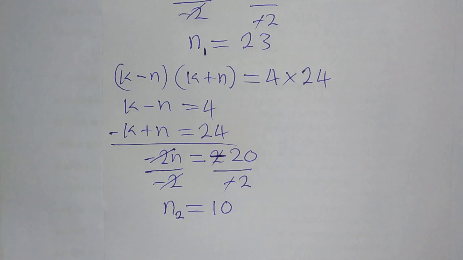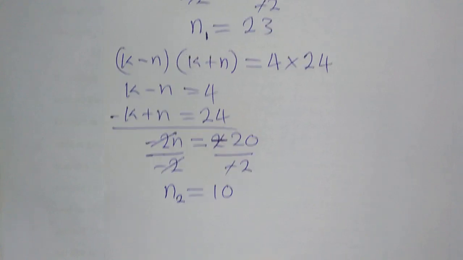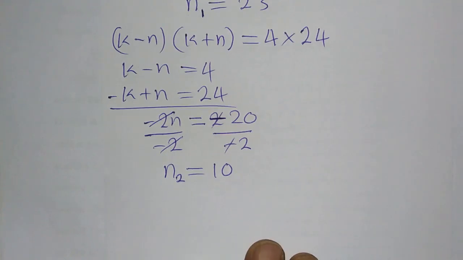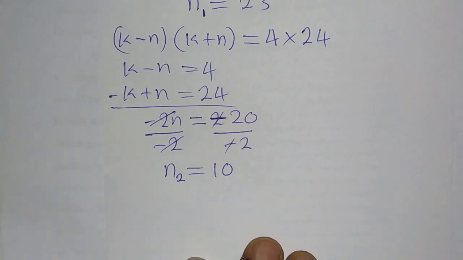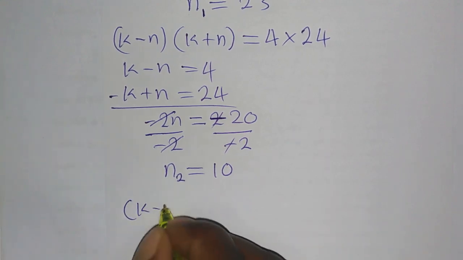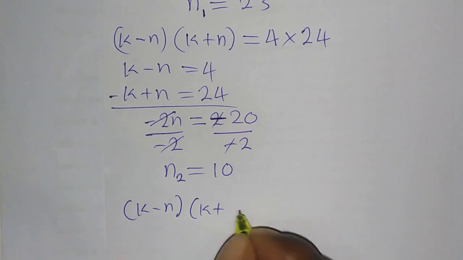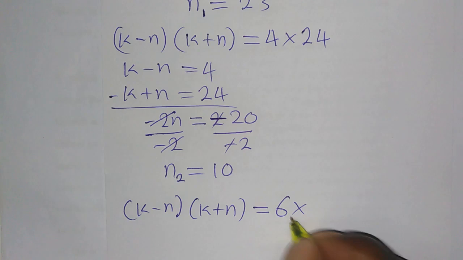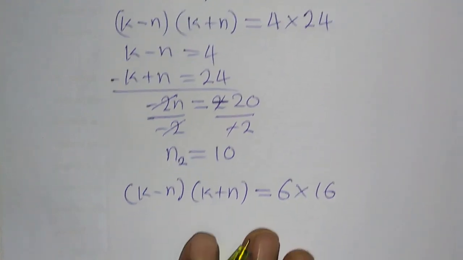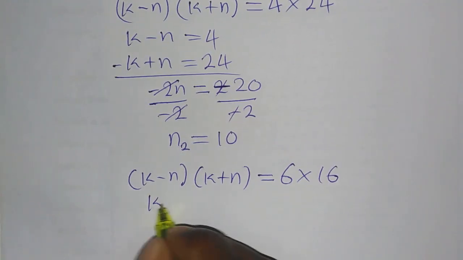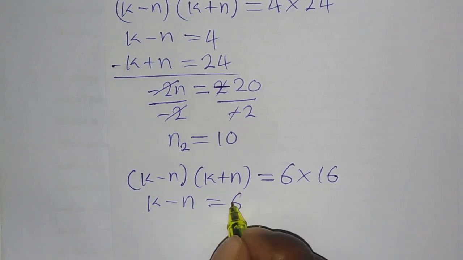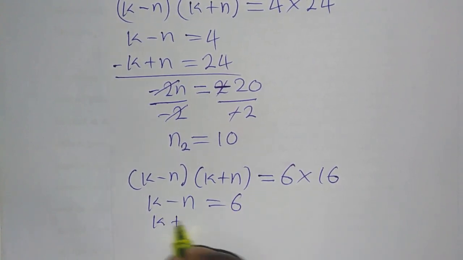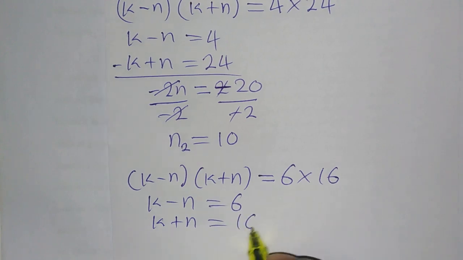Now, to get the third value of n, we move to the next factor, which is 6 multiplied by 16. We have k minus n into k plus n is equal to 6 multiplied by 16. Now k minus n equal to 6 and k plus n equal to 16.